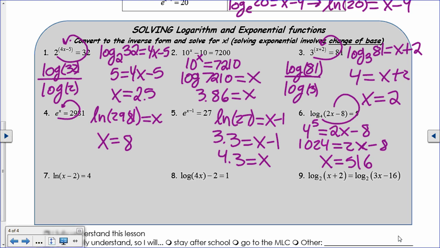Right, log of 4x equals 3. So what's the base? What's the base? To the 3 equals 4x.